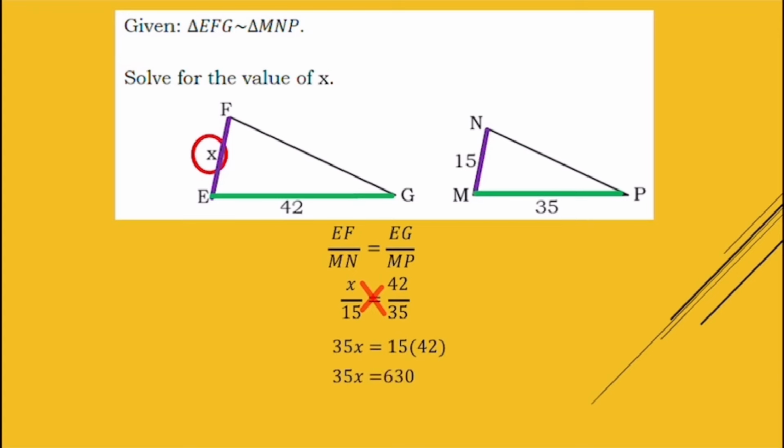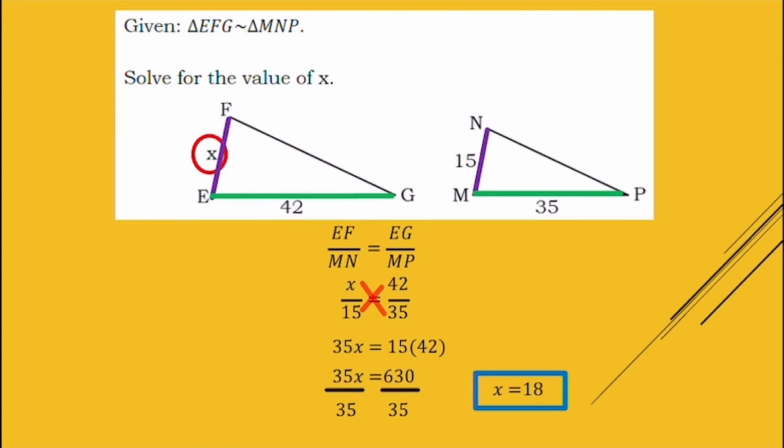So let's apply the division property of equality by dividing both sides by 35. And let's simplify. So 35x divided by 35 is 1x or x, and 630 divided by 35 is equal to 18. So therefore, the value of x for our second example is 18.